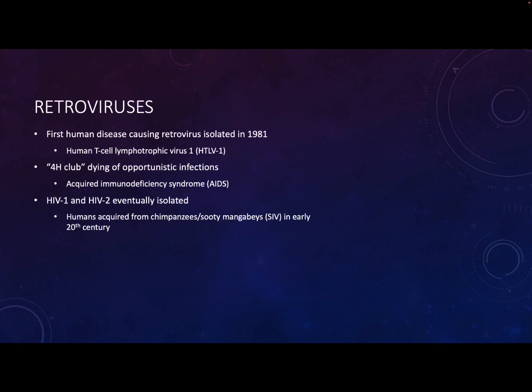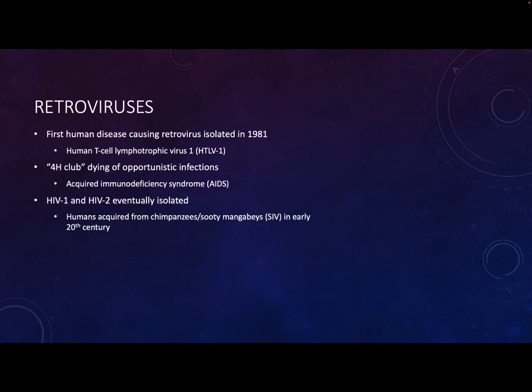And a lot of analysis has gone into where did these viruses come from. The best evolutionary idea is that they came from consumption of contaminated or infected monkeys and other primates.